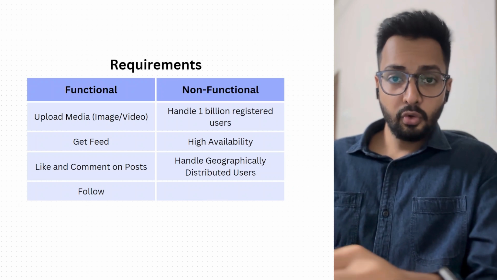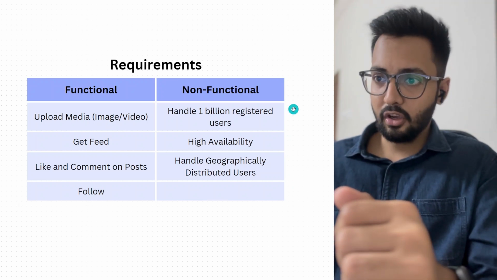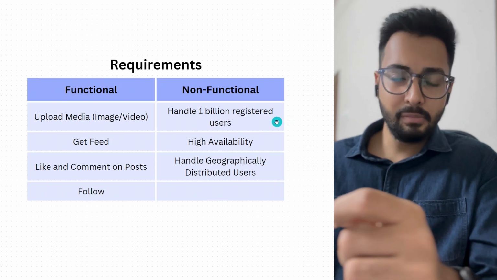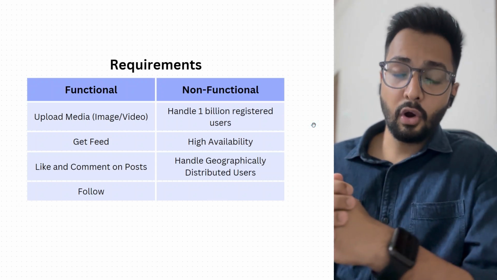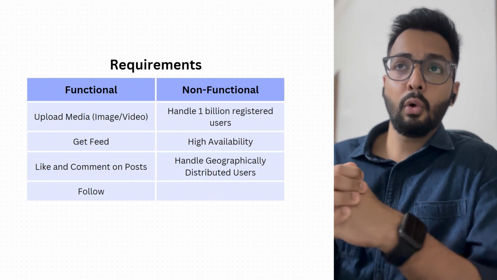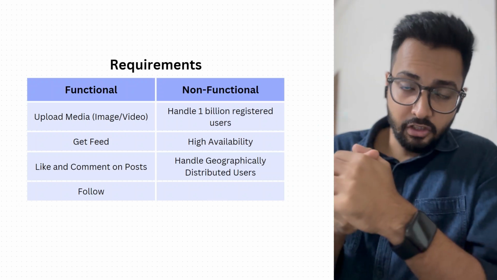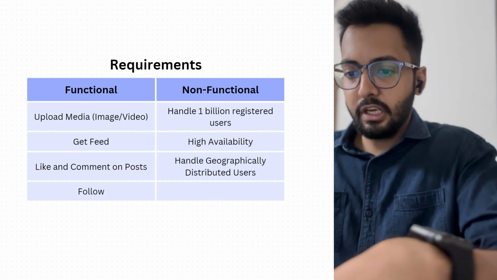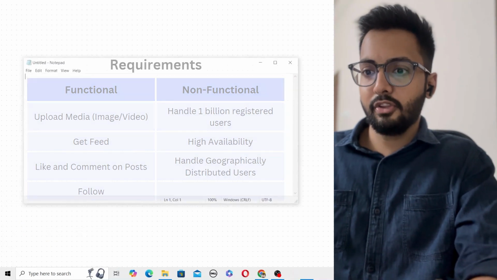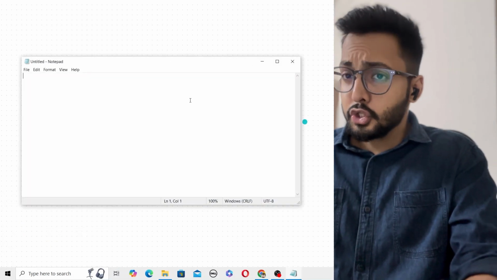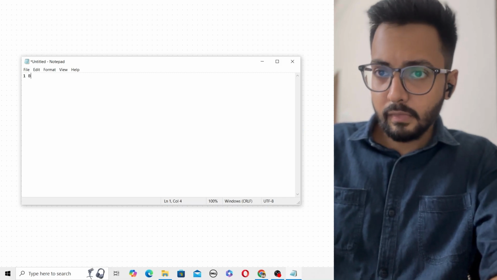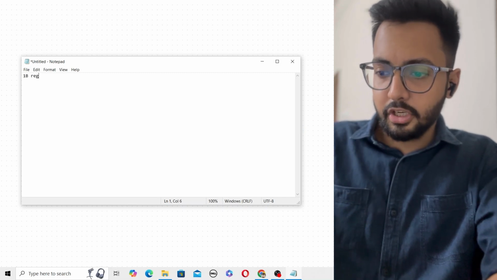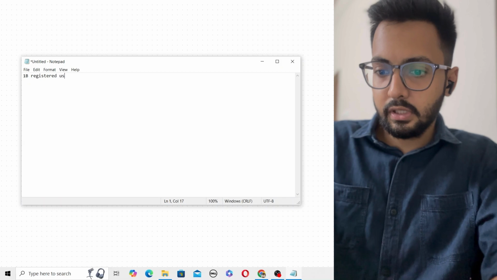Okay, so let me show you some calculations as well, because for handling 1 billion registered users, what amount of bandwidth should be required, what amount of storage should be required, or what transactions per second should be required. Let me show you some calculations based on that. So we have 1 billion registered users, right?